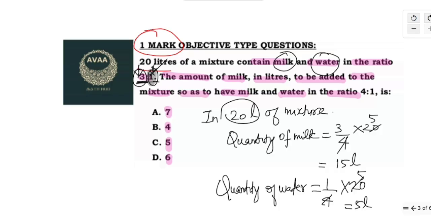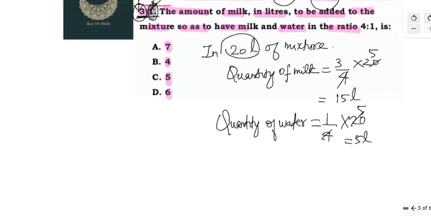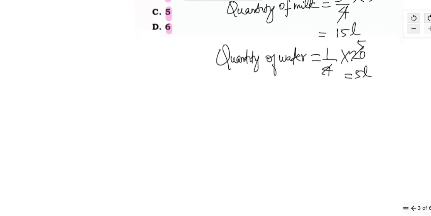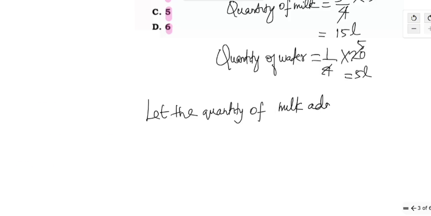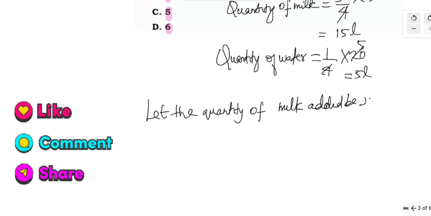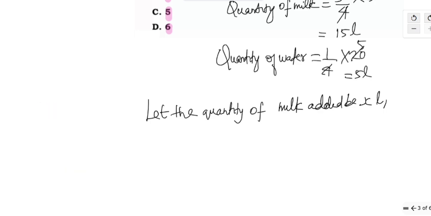Now, for the ratio 4:1, we are going to assume the quantity of milk to be X liters. So let the quantity of milk added be X liters. According to the question, we are going to set up a proportion. Proportion means comparing ratios.